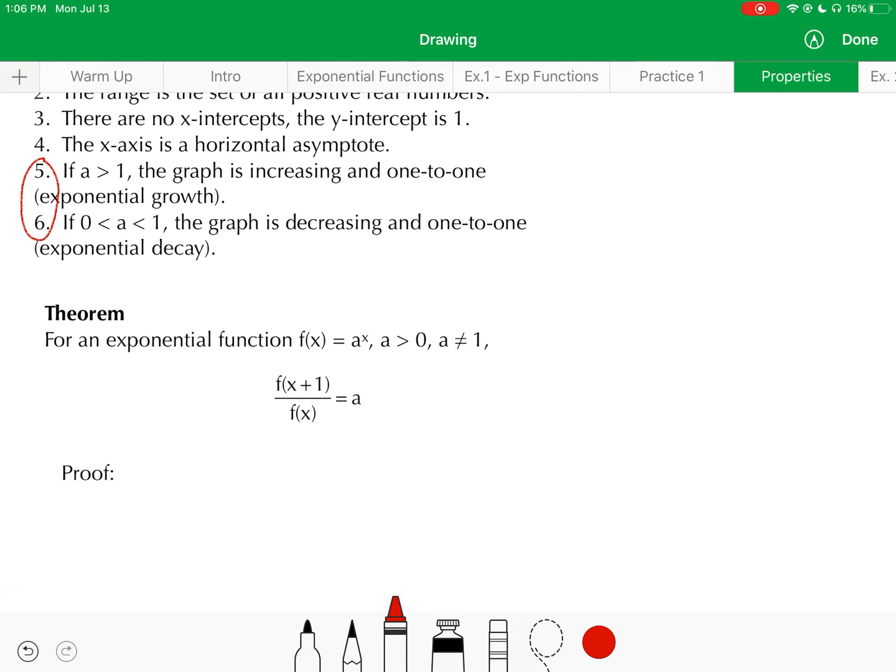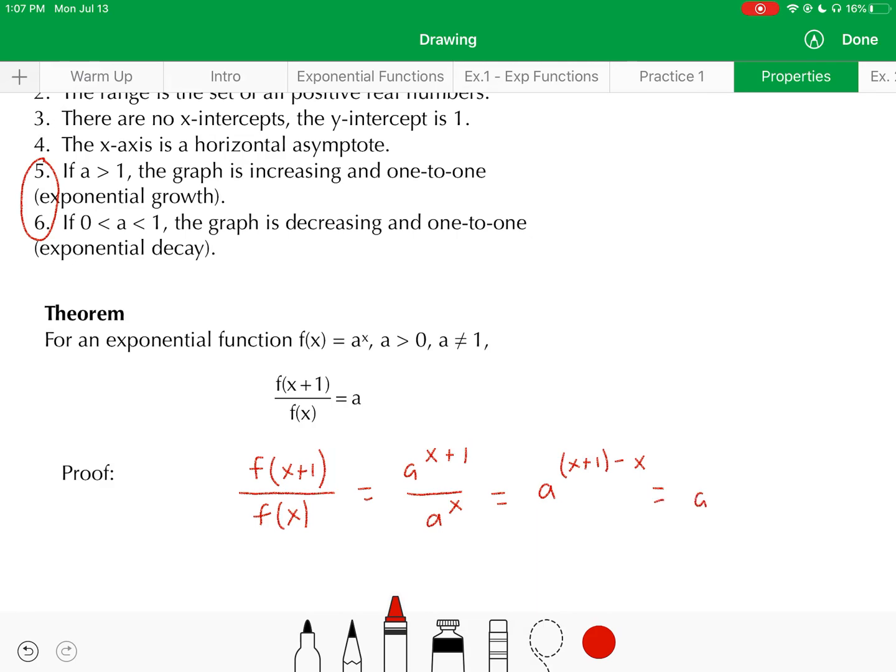This would involve a property of exponents. f of x plus 1 would be equivalent to a to the power of x plus 1. And f of x we know is equivalent to a to the power of x. Well, I can use the property of exponents here and subtract the exponent of the denominator from the exponent of the numerator.